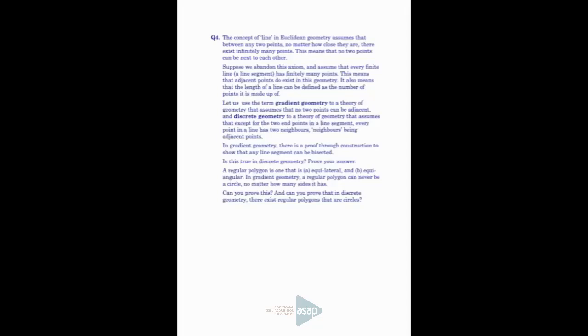In gradient geometry, there is a proof through construction to show that any line segment can be bisected. Now, is this true in discrete geometry? In discrete geometry, is it possible that every line can be bisected? Prove your answer.